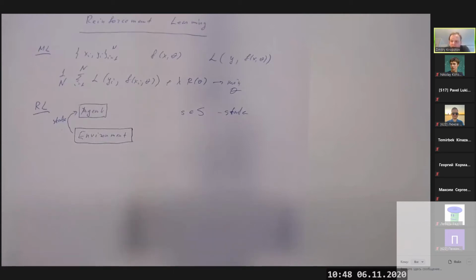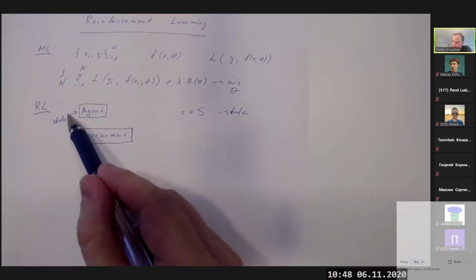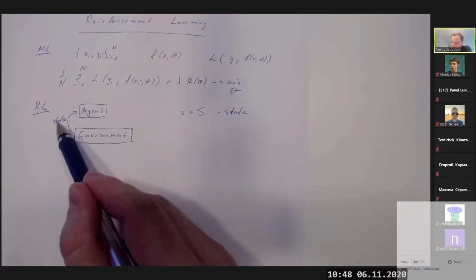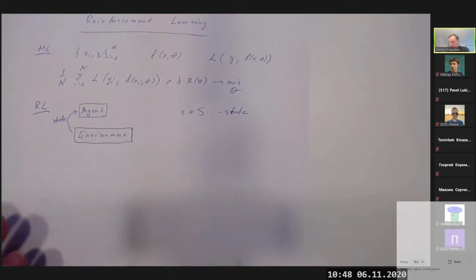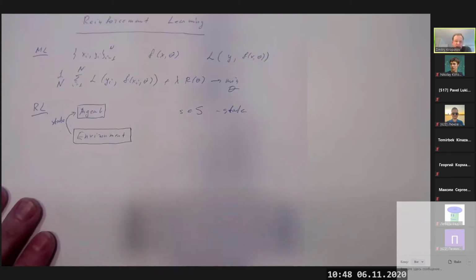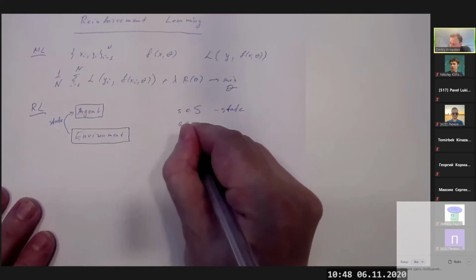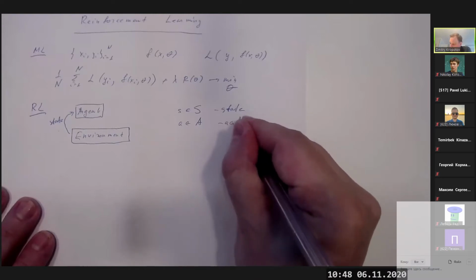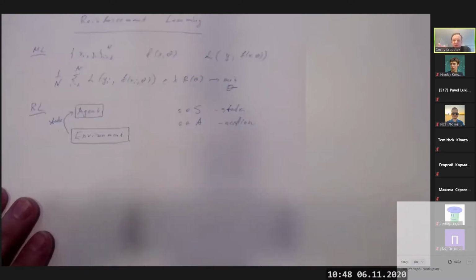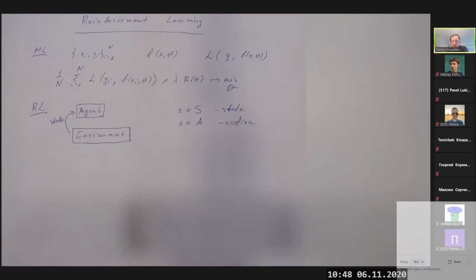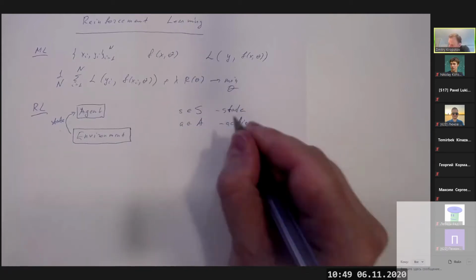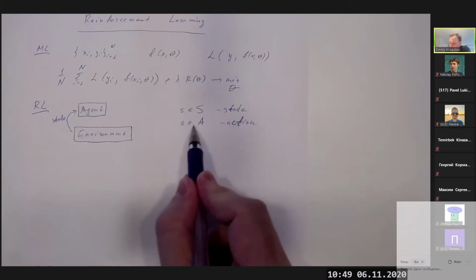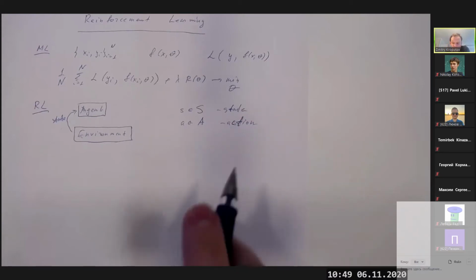But for now, for simplicity, let's suppose that for the agent the full state is available, and given this state, at each time moment our agent makes actions like move left, right, jump, shoot, depending on the environment and what is possible to do, doing some action A from the set of all possible actions.